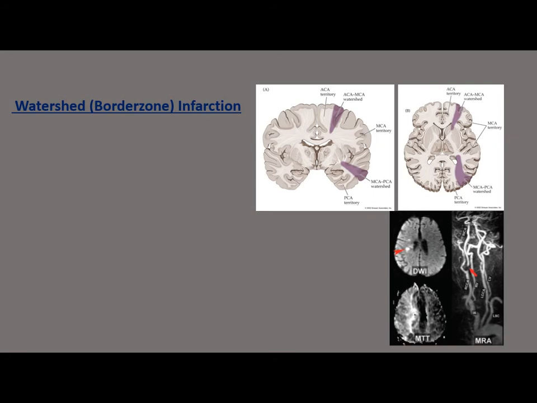They are supplied by end arteries and are liable to infarction due to, for example, generalized hypoperfusion. These areas are more susceptible to be infarcted, such as these changes and this one.